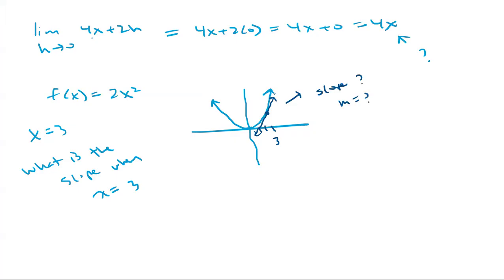If we use this formula, m is 2 times x squared, so we plug in 2 times 3 squared. 3 squared is 9, times 2 is 18. So when x is equal to 3, the slope is 18.